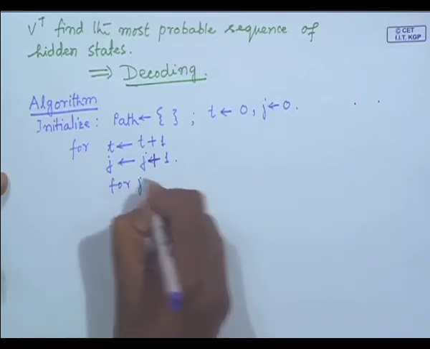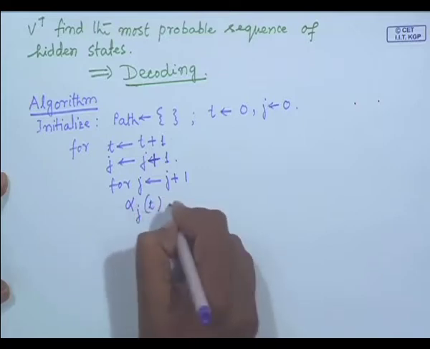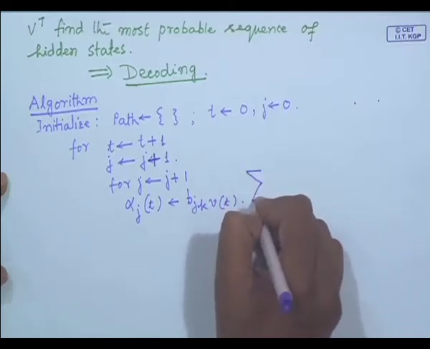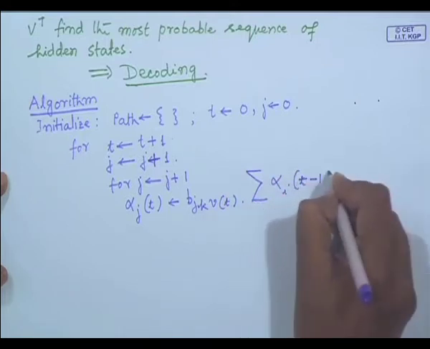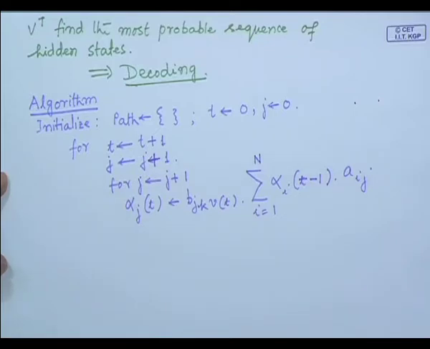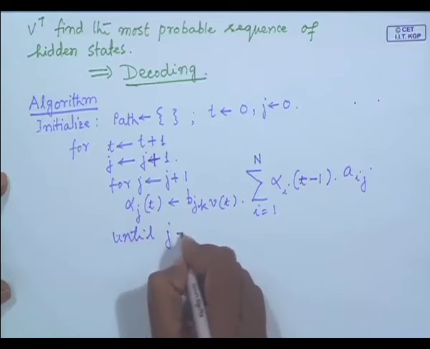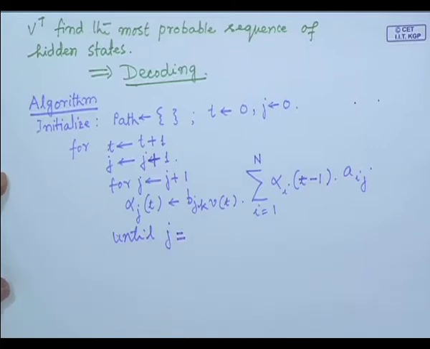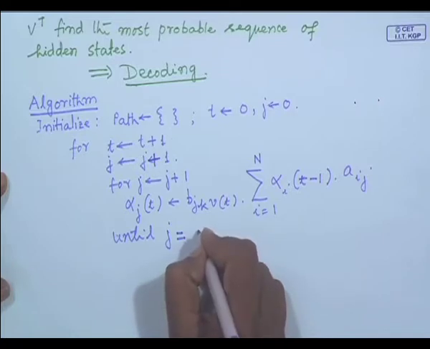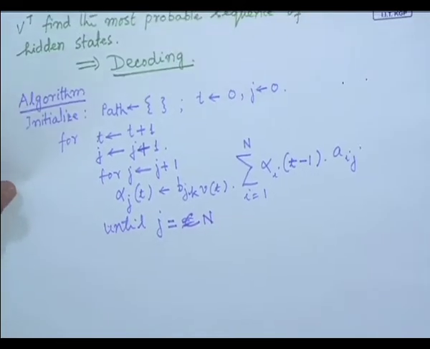Then for j to j plus 1, I put alpha j t gets b j k v t times the sum of alpha i t minus 1 times a i j, i going from 1 to n, where n is the total number of hidden states that I have, and this will continue until j becomes equal to n, where n is the number of hidden states.